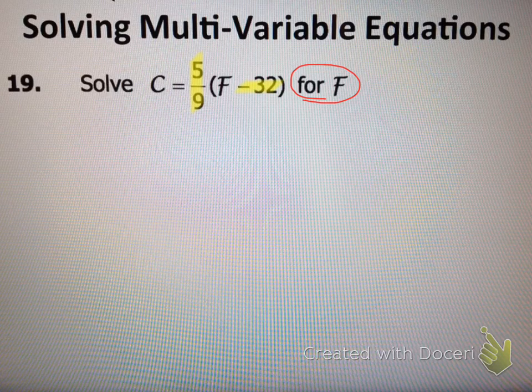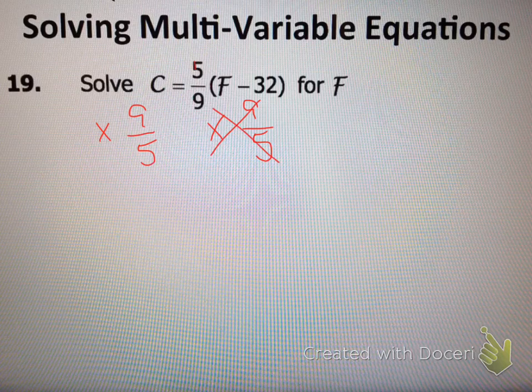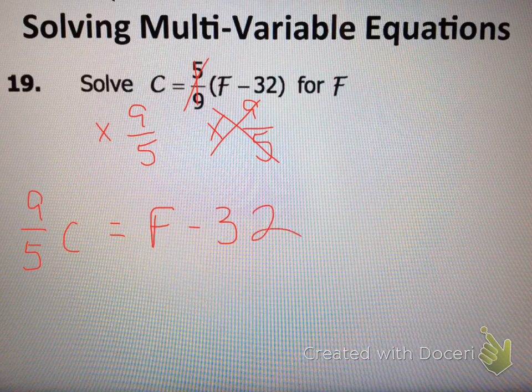So what we're going to do first is multiply by the reciprocal on both sides. So we're going to multiply the right side of our problem by 9 over 5. We're also going to multiply on the other side by 9 over 5. What that does is it cancels out our fraction, and it leaves us with 9 over 5c is equal to f minus 32.